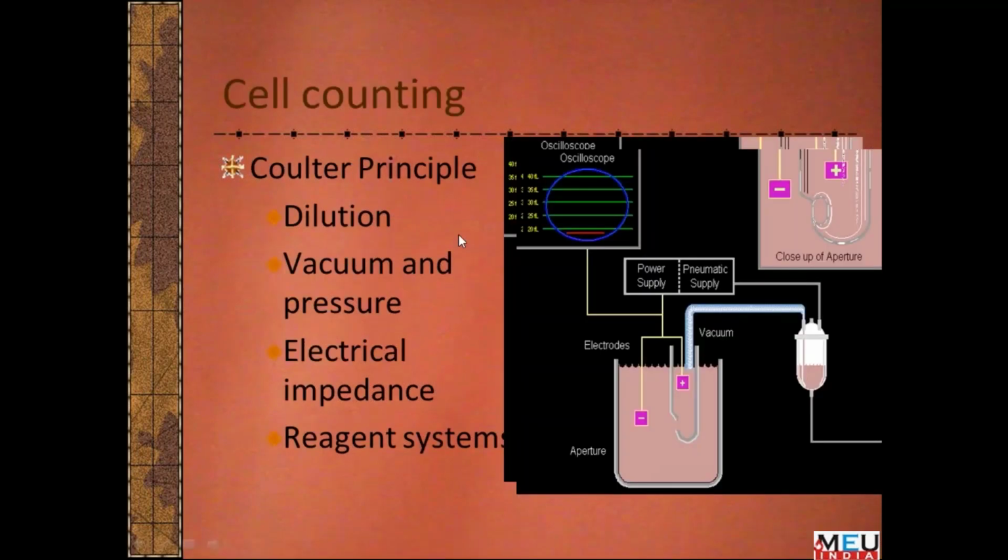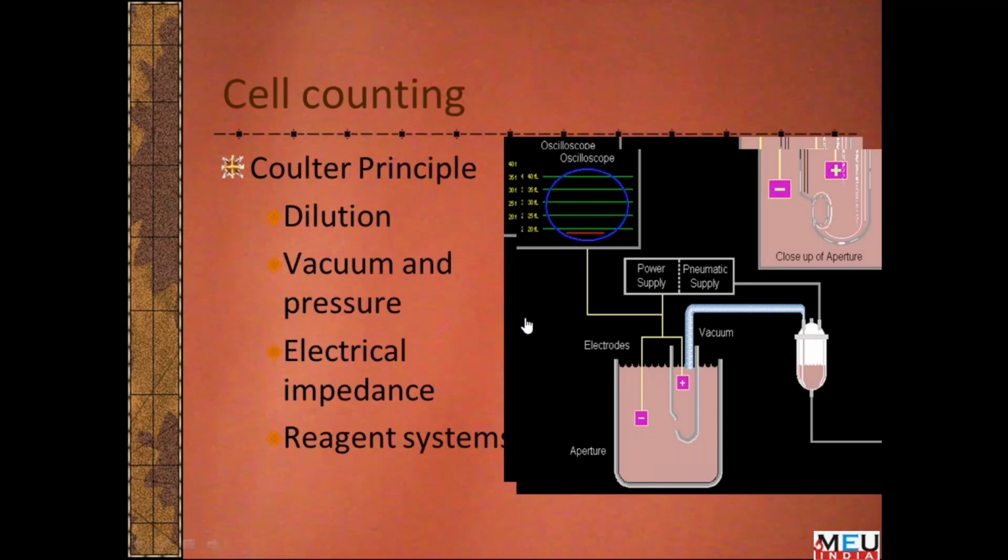Now, there is a dilution of the blood, which for hemoglobin is always the Drabkin solution, and otherwise there are some other diluents for WBCs which remove the RBCs.